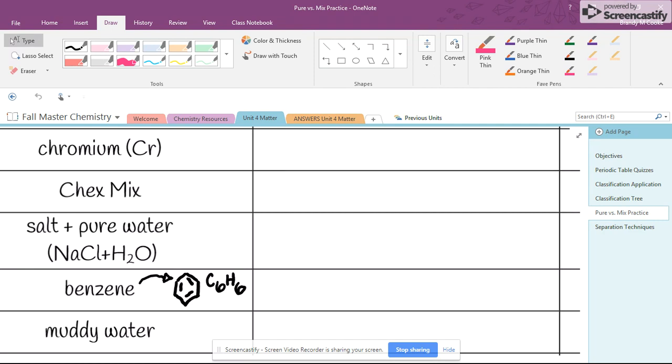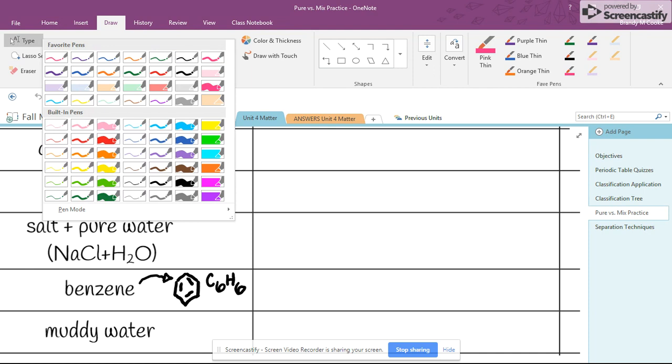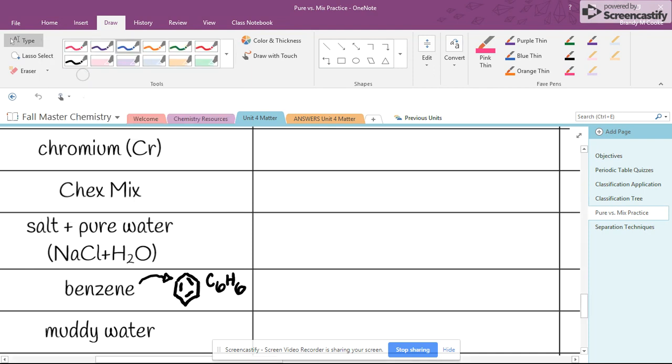So let's look at some examples. Looking at chromium. If you recall our notes, we said that an element is anything from the periodic table. It's going to have one capital letter, and that's exactly what we have here. If you studied your first 30 elements, then you would know that chromium is one of those first 30.